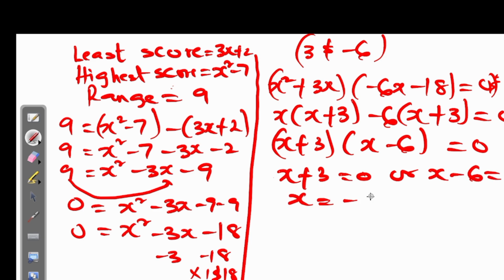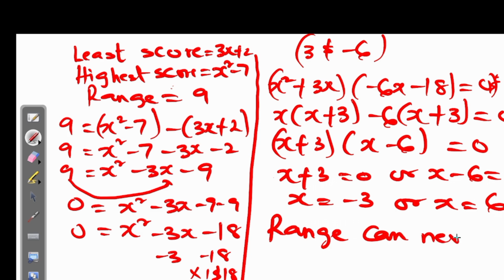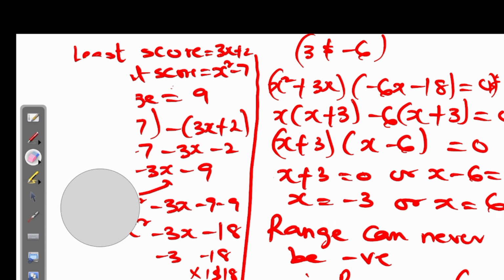So x is equal to minus 3 or x is equal to 6. And range can never be negative. Therefore, x is equal to 6.